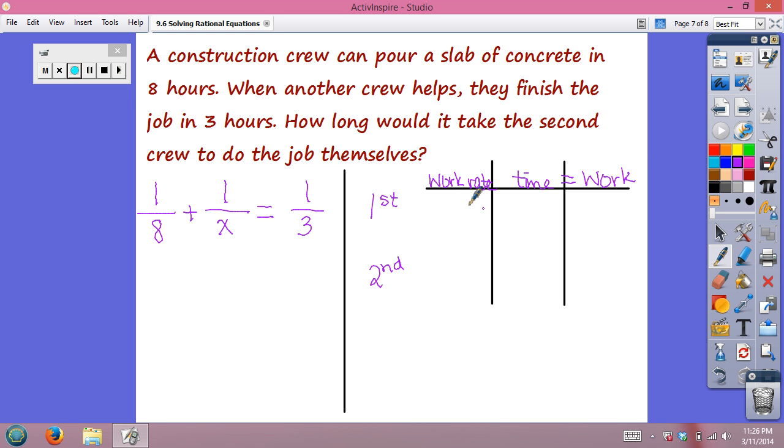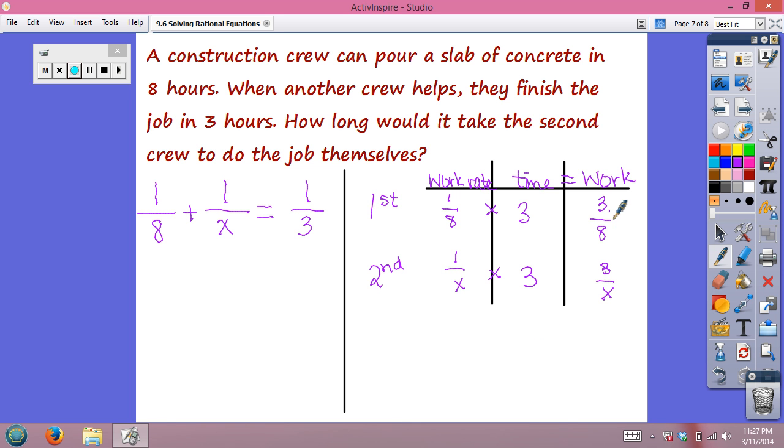So our first crew gets one job done in 8 hours. Our second crew gets one job done in x hours. The time that they have is 3 hours. So if we multiply across, we get total work of 3/8 and total work of 3 over x.